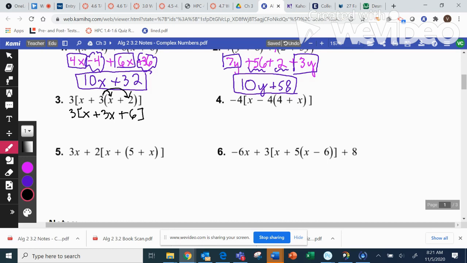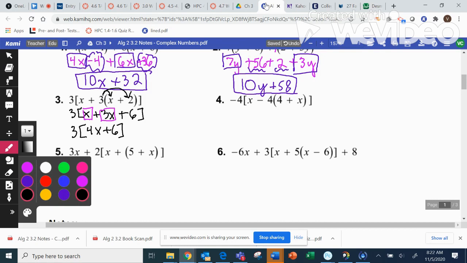And then from there, inside of the brackets, can I do anything? Yeah, I can combine together by addition 1x plus 3 more x's. So I have 3 bracket 4x's plus 6.